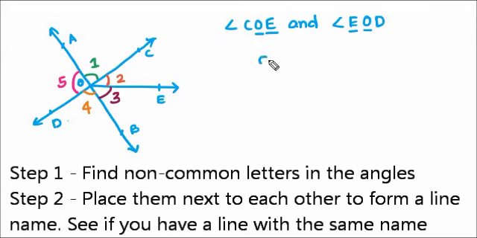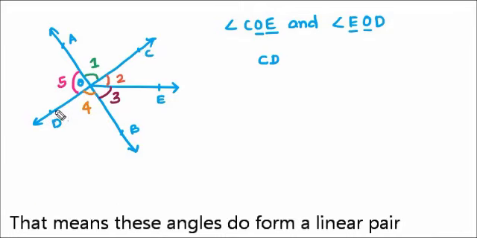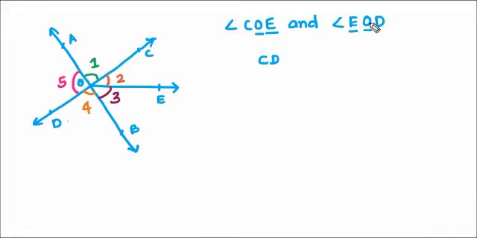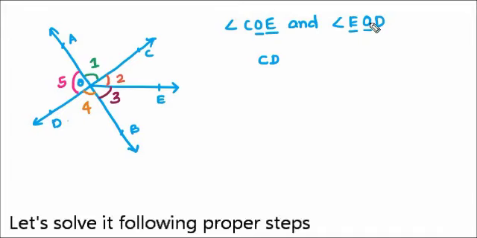So let's take CD and see if CD forms a line. Does CD form a line? Yes, CD is forming a line, and that means that these two will be a linear pair. So this is a trick which you can use to understand, but when you solve, you have to give the correct reasons.